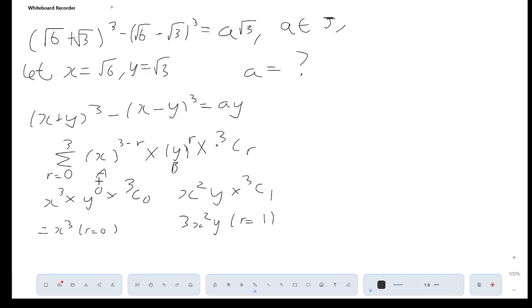You can see that a is descending in power, but y is gaining a power. This will be useful in other preliminary examinations where you have to find this out. So now that we have this formula, with a and b ascending, we can say x cubed plus 3x squared y plus 3xy squared plus y cubed.